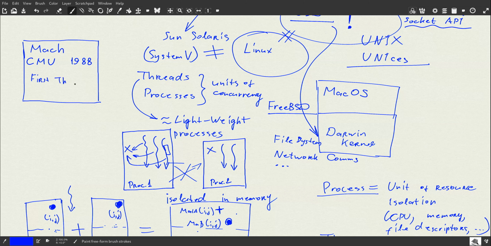Although Mach is not used by itself nowadays, very significant elements of Mach are now part of the Darwin kernel. At the time when Darwin was first created, that was in another operating system at that time owned by Steve Jobs, which was called NeXTSTEP.